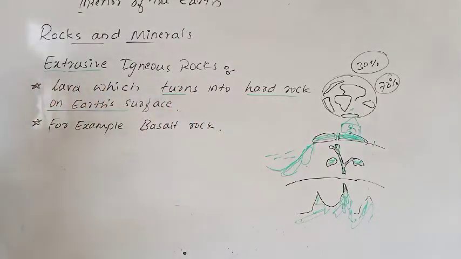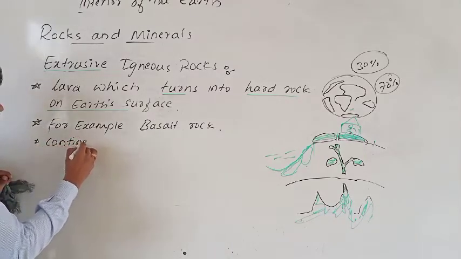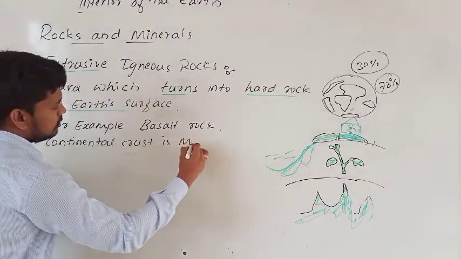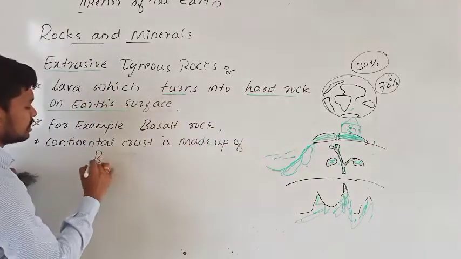For example, basalt rock. That means the continental crust is made up of basalt rock. It is an example. Under basalt we have some other divisions too. Continental crust is made up of basalt rock.